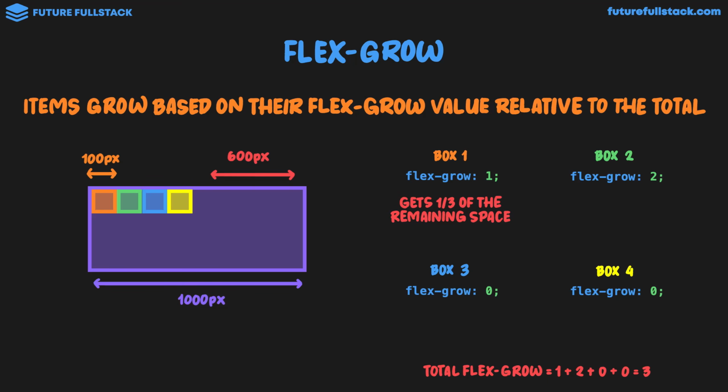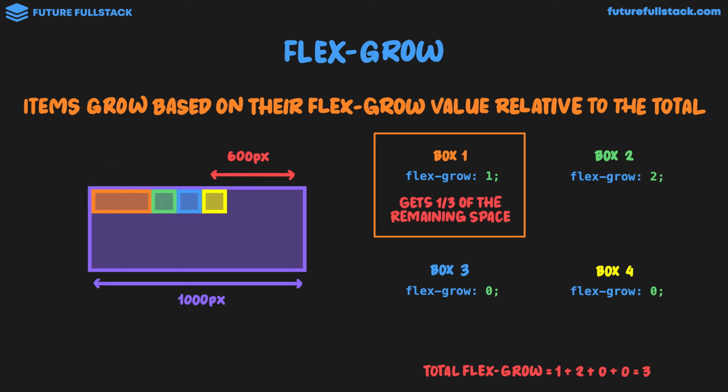So it gets 1 divided by 3, or 1/3 of the remaining space. The remaining space is 600 pixels. So 1/3 of 600 pixels is 200 pixels. So our box 1, the orange box, will expand by 200 pixels, which means that the new width of box 1 is its original width, which was 100 pixels, plus 200 pixels, giving us a new width of 300 pixels.